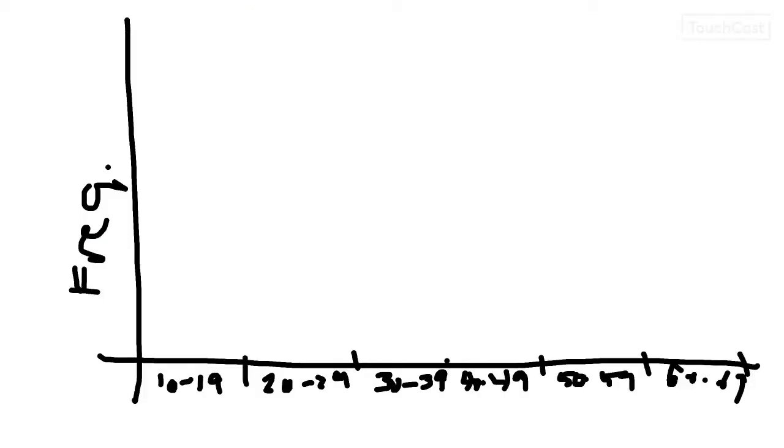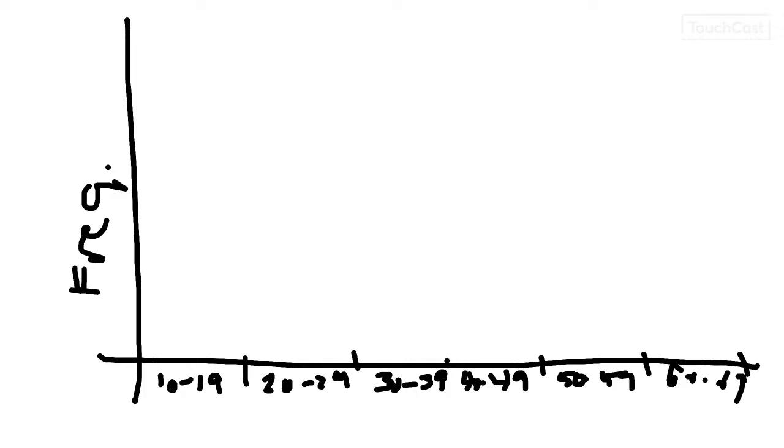I want to show you how you would arrive at this picture. I start off by labeling my axes. My y-axis is going to be the frequency at which people in that category show up at the gym, and along the x-axis I have equally spaced buckets, is what we call them. The first one is for people from 10 to 19, the second is for people from 20 to 29.